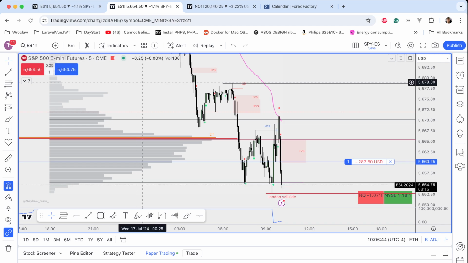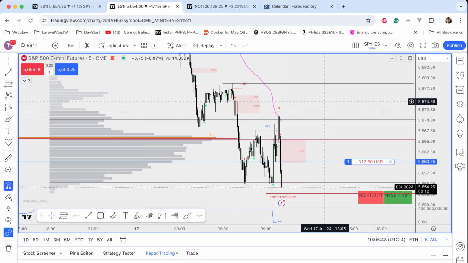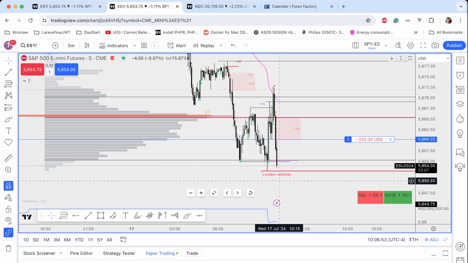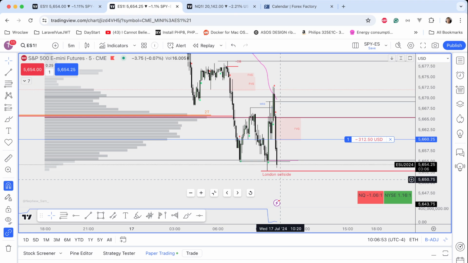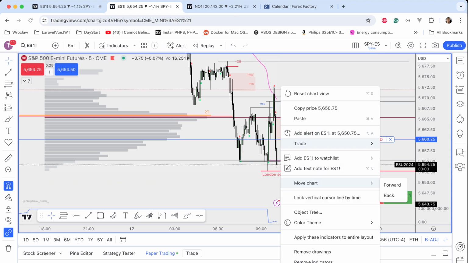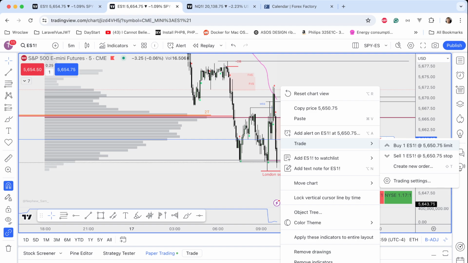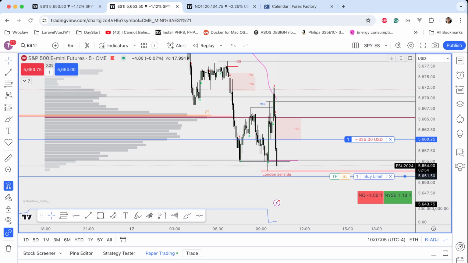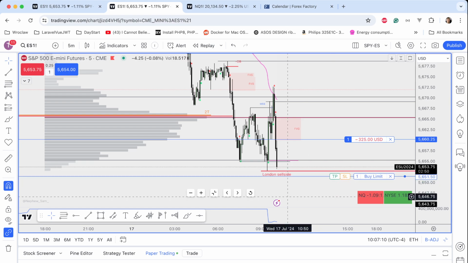Let's see. Looks like sell side will be reached, and that means I can go and just add one here. At the moment we push through that, we should get some bounce.